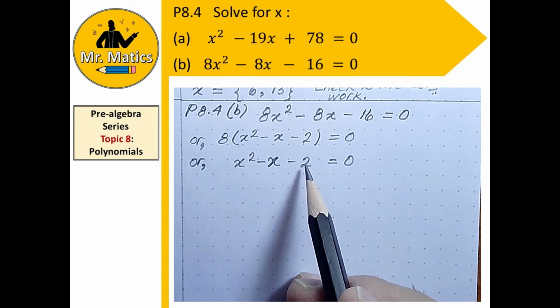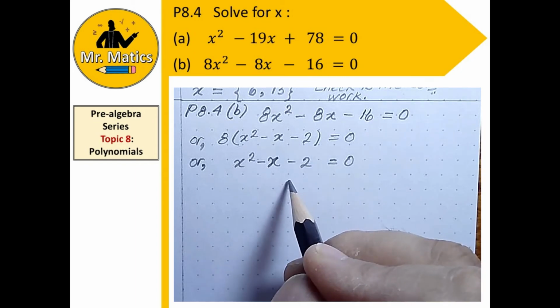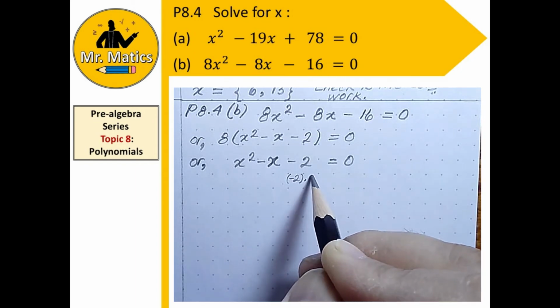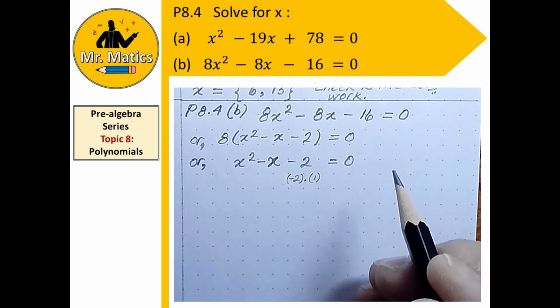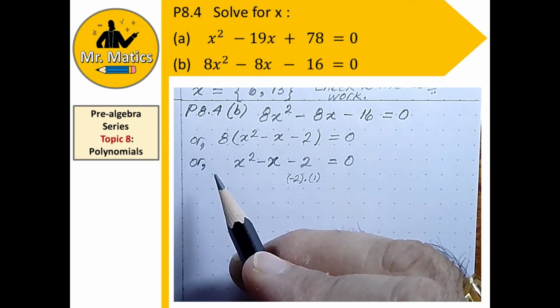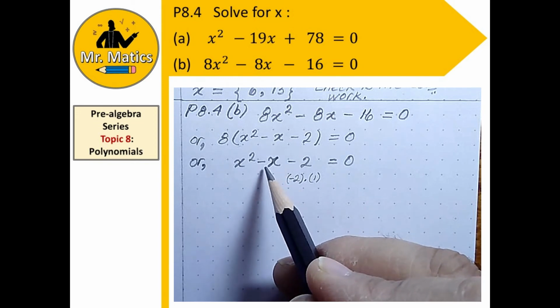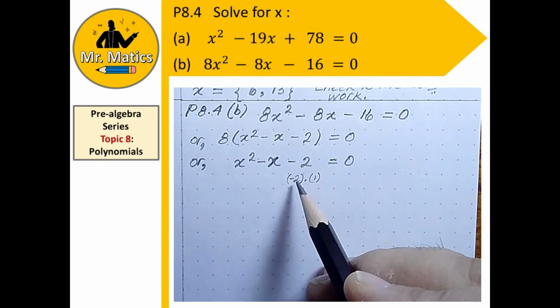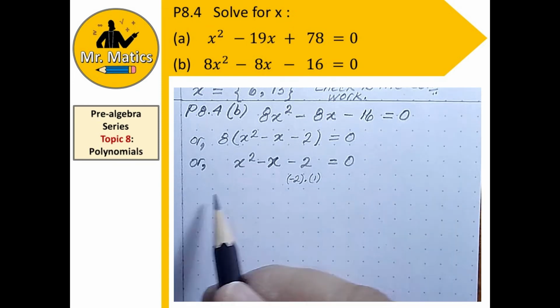Minus 2 can be obtained by minus 2 times 1. And I can obtain minus x as minus 2x plus 1x. So you can see that the factors are possible.